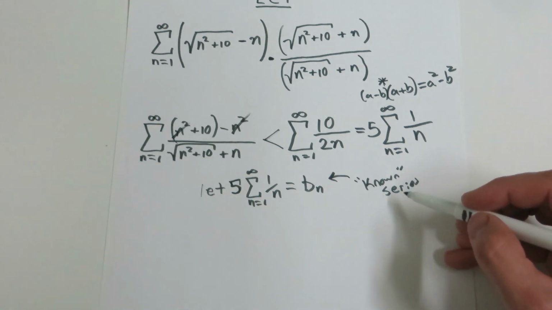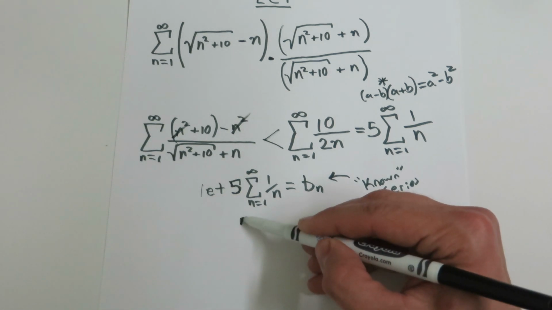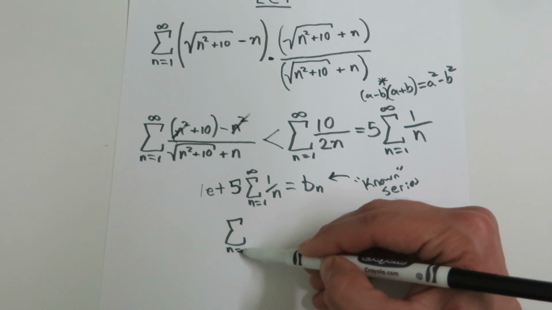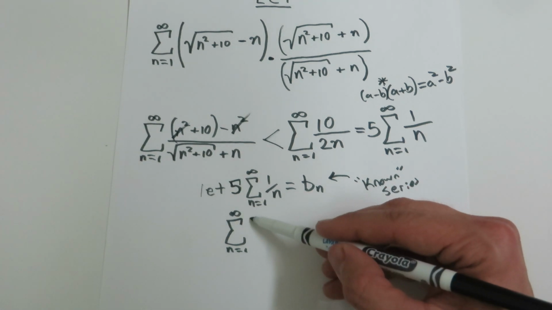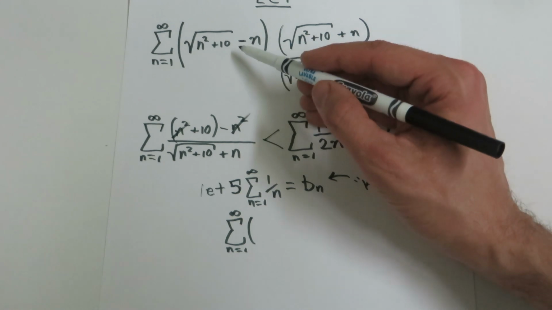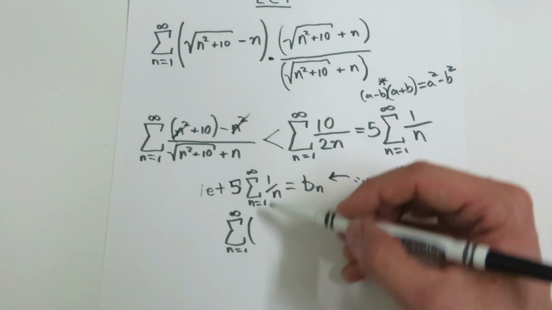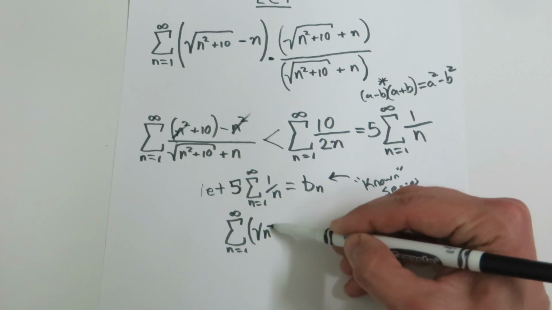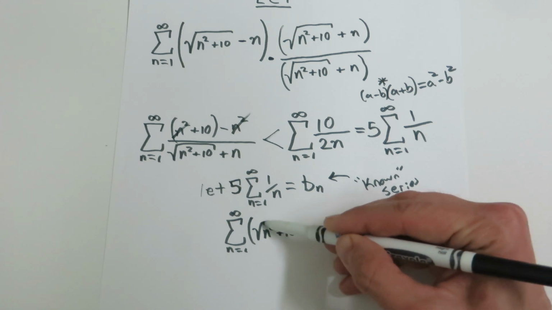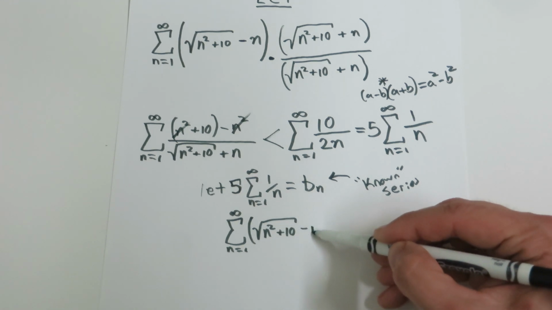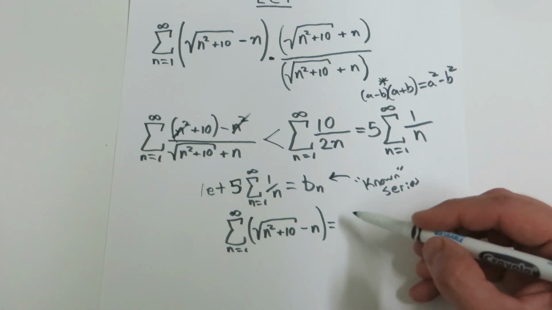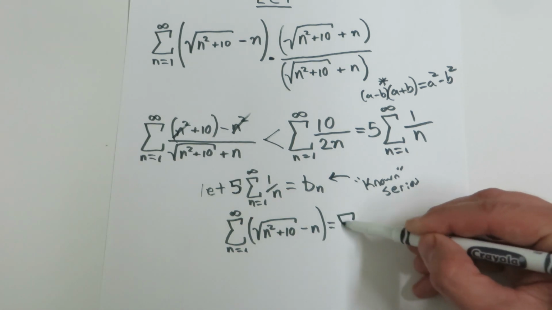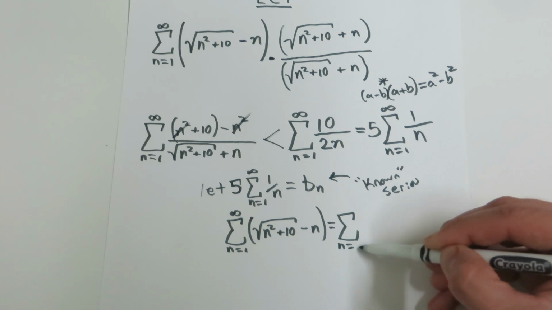And likewise, let's let the series from n equals 1 to infinity of this, the one that we want to know, we also said that it equaled this, so I'll just go ahead and write that as well.